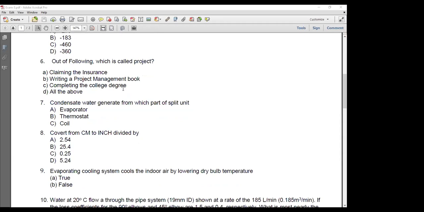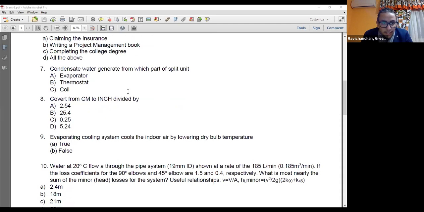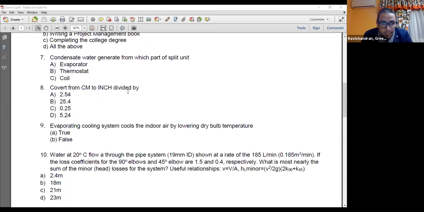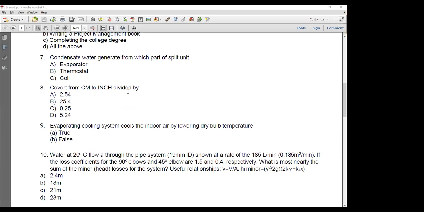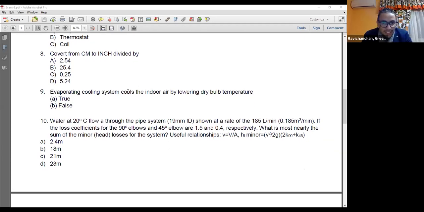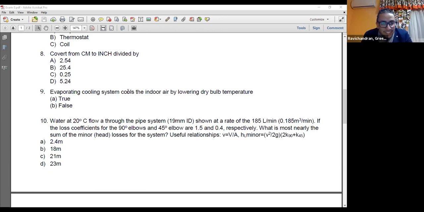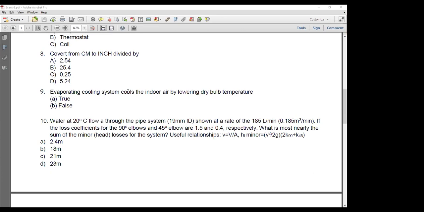Number 7. A. 8. A. Correct. 9 also. A. Three A's. I'm talking about 7, 8, 9. What is the answer of 9? A. Yes, true.